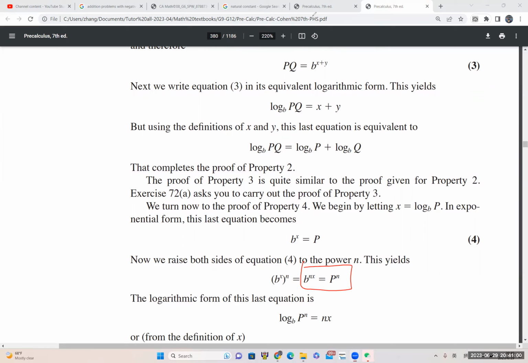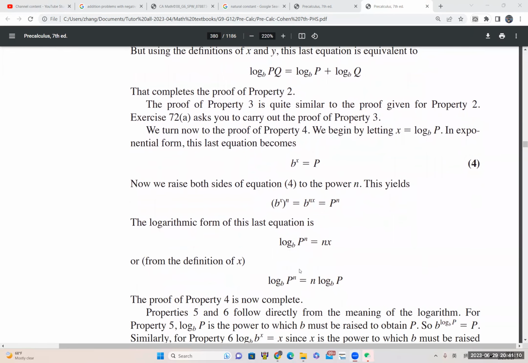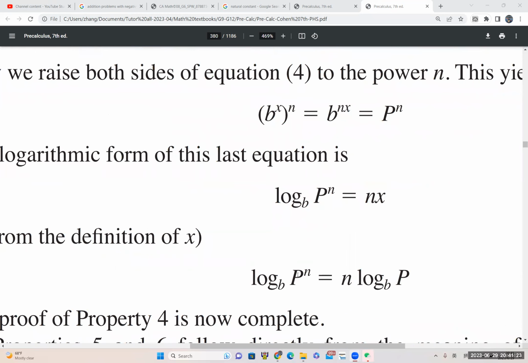Together, log B of P^n equals n times log B of P, right? To remember it: if P has the nth power, the n can jump to the front.